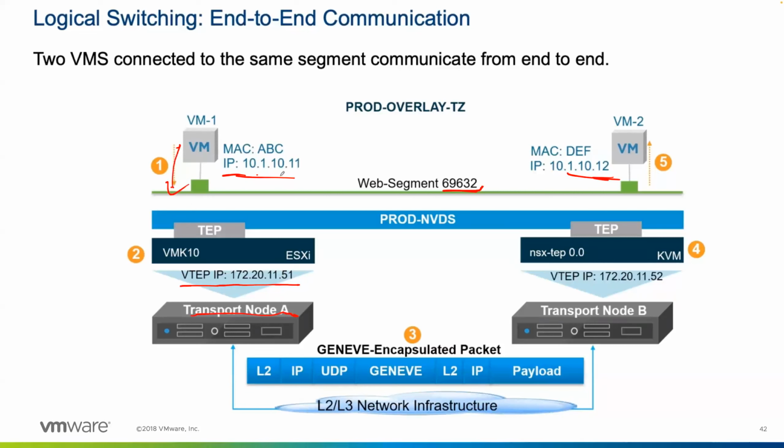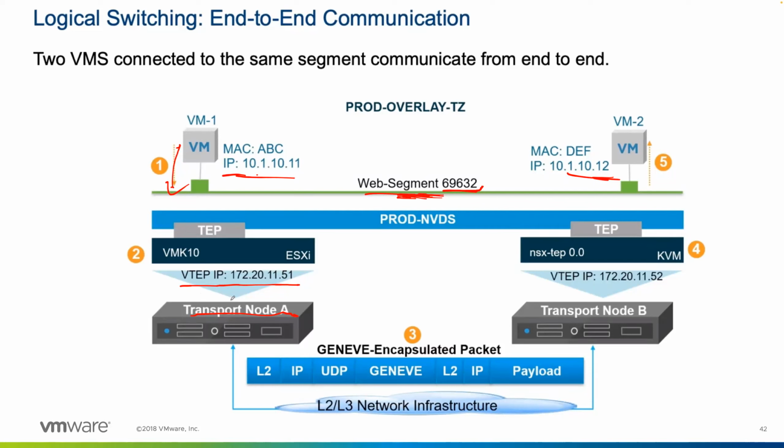Because they are using the overlay segment, they have to leverage the underlay physical routing or switching to traverse the whole packet on the logical web segment.